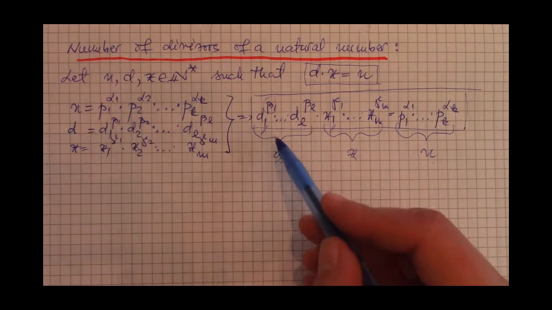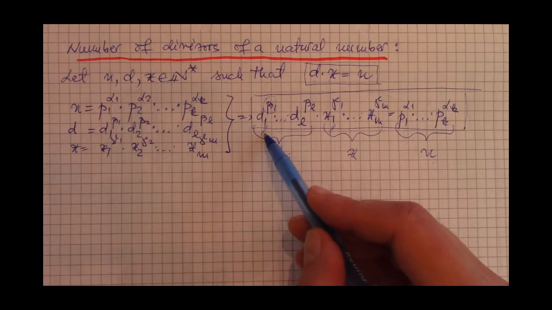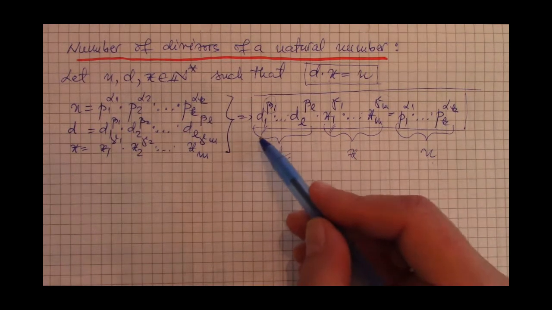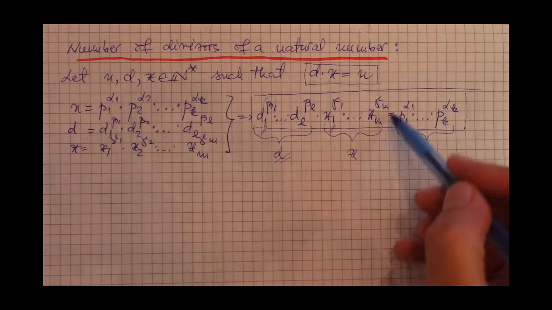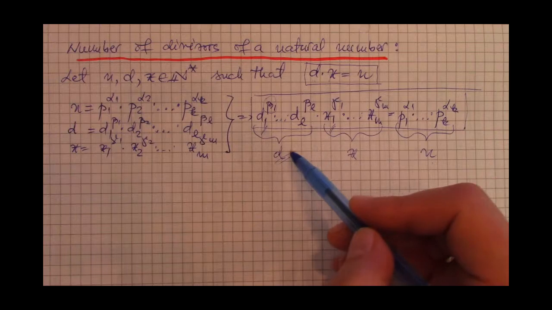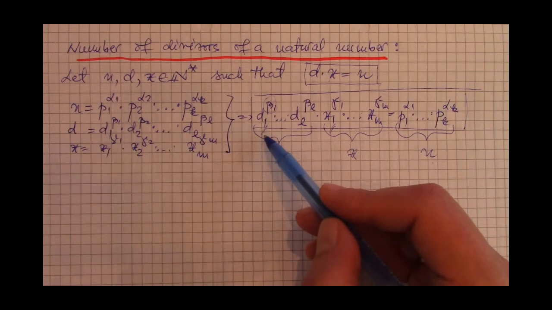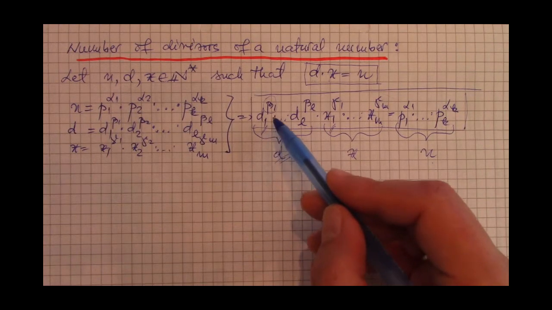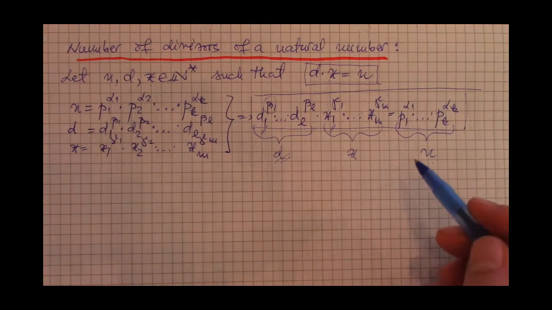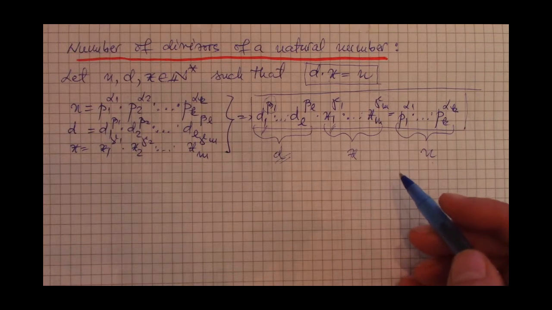Also, if for example d1 is equal to x1, then the actual power at which d1 appears over to the left-hand side is beta 1 plus gamma 1. So these don't go away, and even more, their powers could increase. Those two observations allow us to do the following.